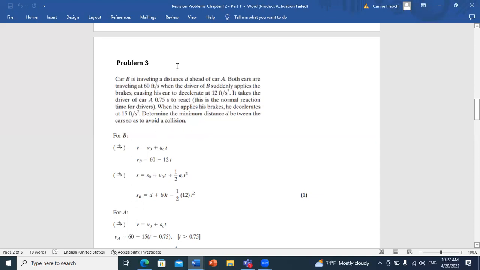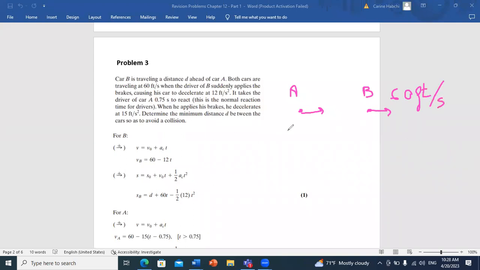Okay, so here you have two cars, A and B. Initially, both were moving at the same velocity. The initial velocity for both was 60 feet per second.